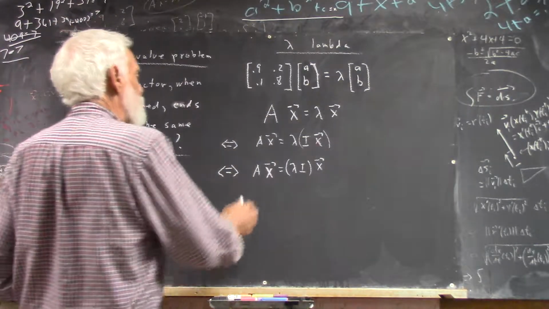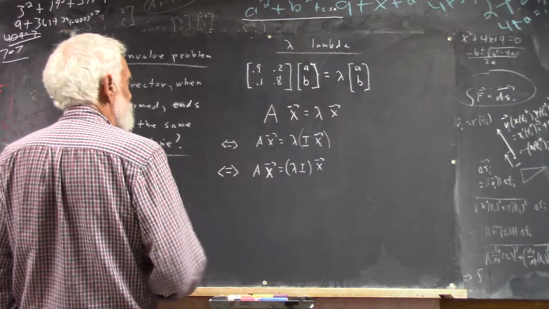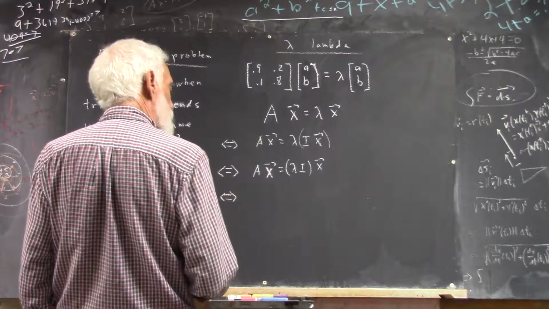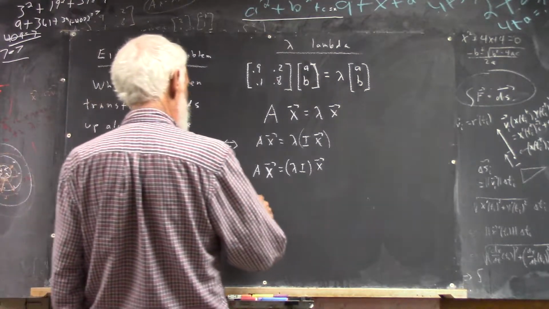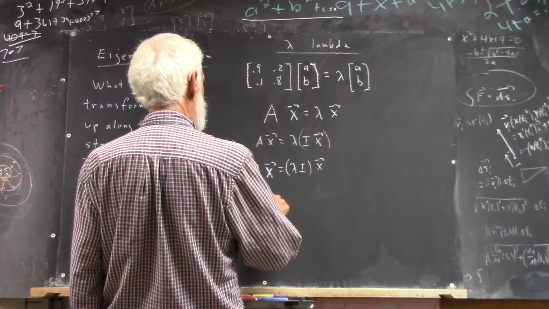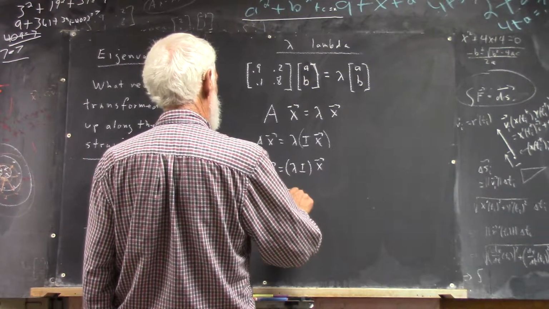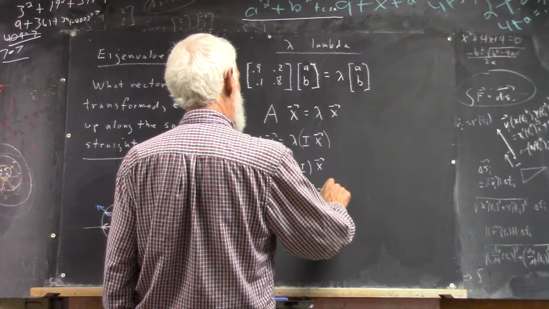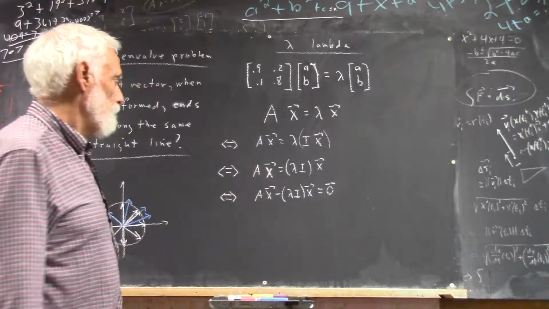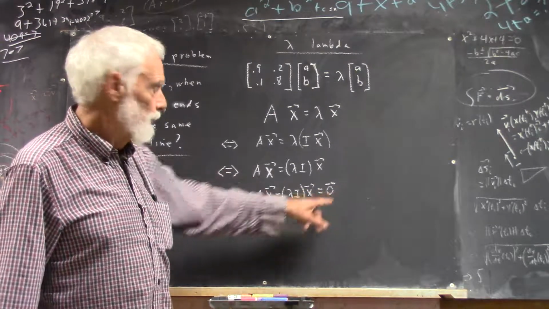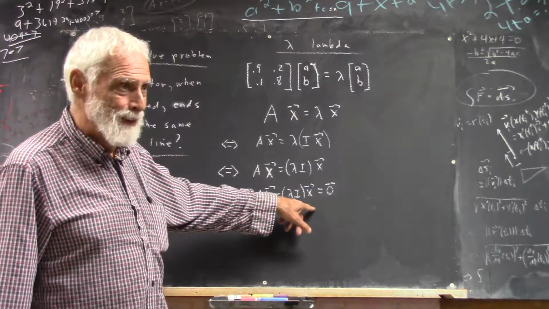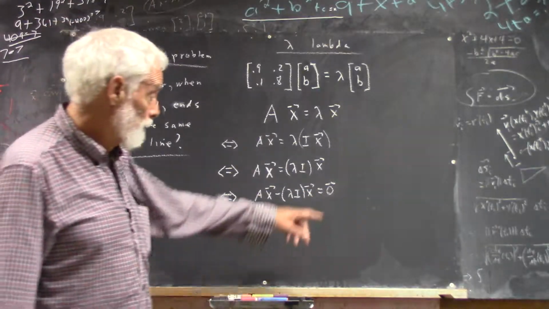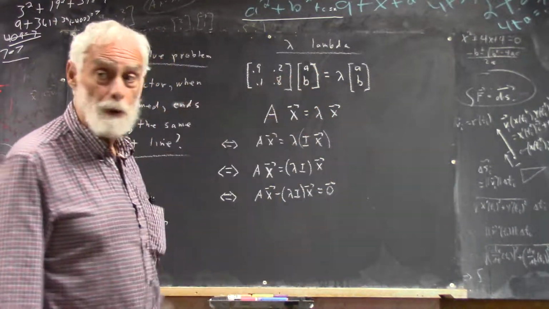So, we have this. That's equivalent then. And I've got to put an arrow over that 0 because this is a vector and this is a vector, and they've got to add up to a vector, right? Whatever's here has to have two components.